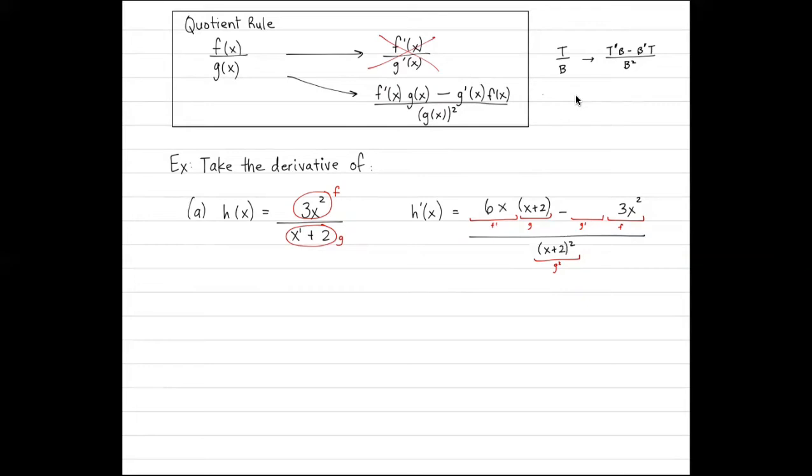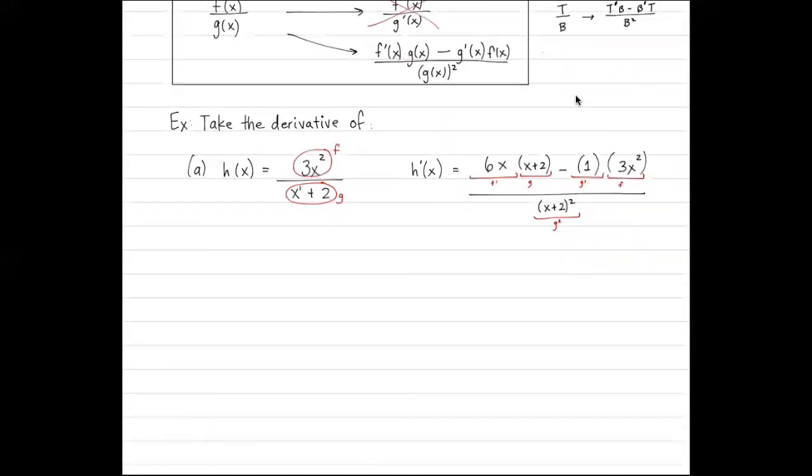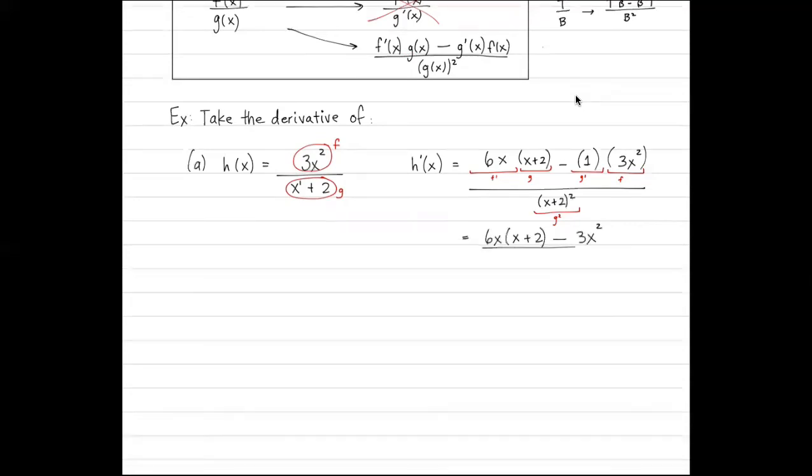So the derivative is just 1. And the derivative of the 2 is 0. So there's my derivative. Maybe I can write this out a little prettier without all my weird fill in the blanks: 6x times (x plus 2) minus 3x squared, over (x plus 2) squared.